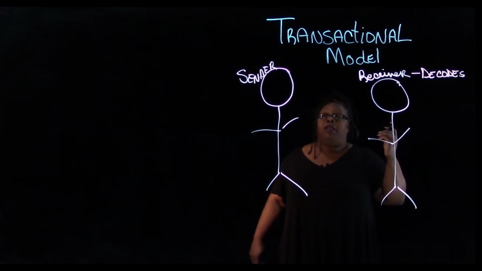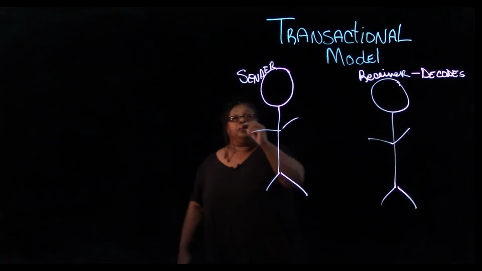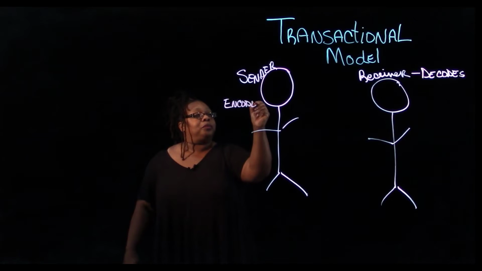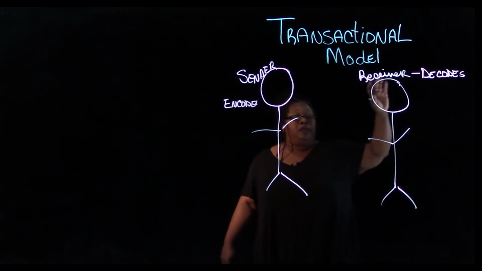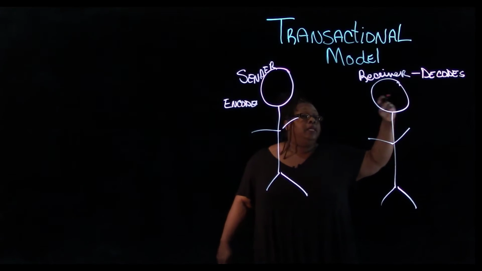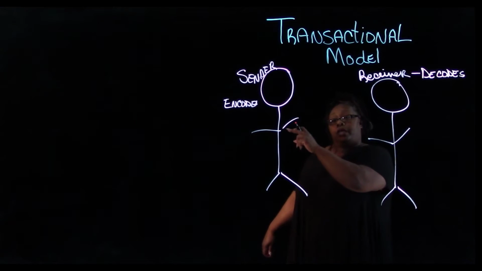Which means that the sender had to encode the message. So once the receiver receives the message and decodes it, they then encode a new message and send it back to the sender.